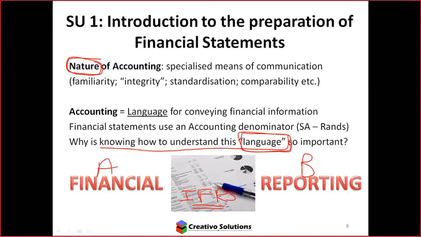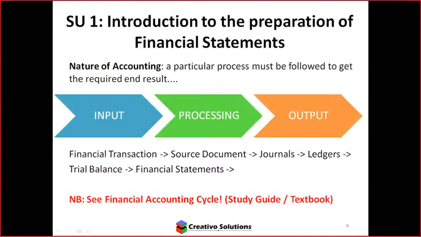Okay, and this is revision from the previous module. You should be familiar with the nature of accounting in terms of the principles, those basic elements, those rules. Again, just a bit of revision here. The nature of accounting focuses on the end result, which is obviously the financial statements, and we need statements in order to make decisions. We'll have input, processing, and output. So how does this relate to you from an exam point of view?